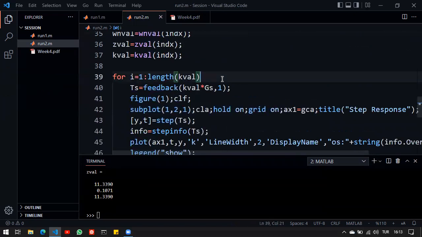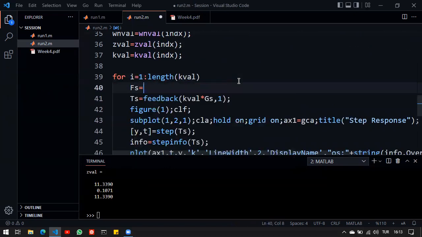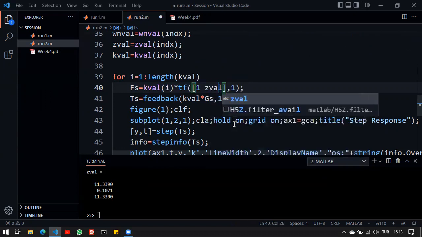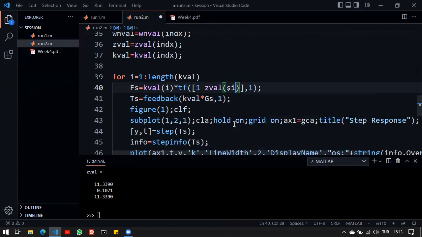And for each solution, I'm going to define my PD controller here. So I should choose kval I, the ith element of that, and also zval, the ith element here.